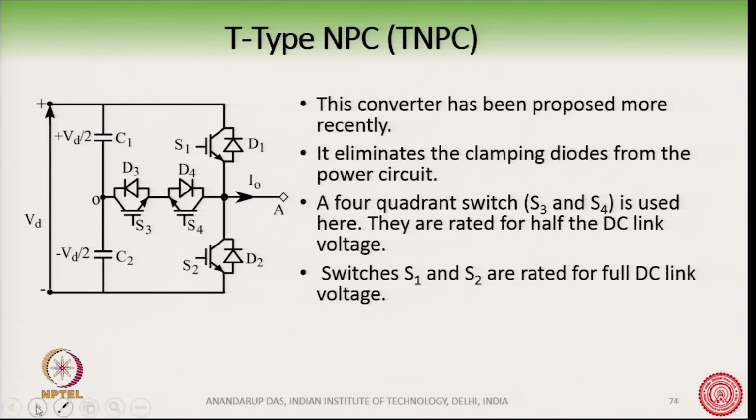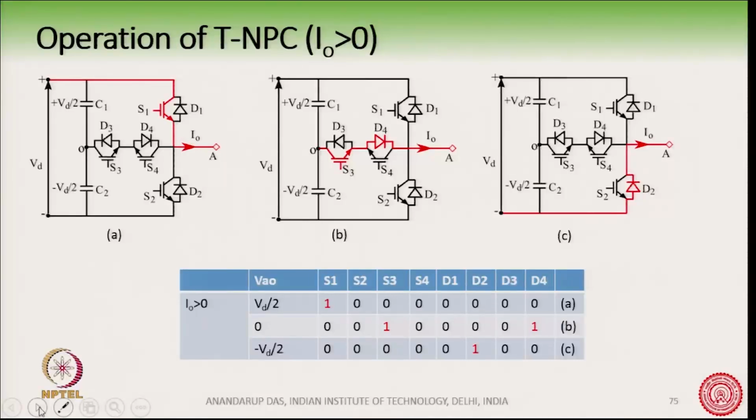Now, let us see how this circuit operates. If I want to get the positive voltage and suppose the current which is going out is greater than 0, then S1 is the switch which is conducting. If I want to get the 0 voltage, then the red path here is how the switches will be conducting, and on the other hand, if I want to get the minus Vd by 2, this diode D2 will be conducting, that is what is shown here. Okay.